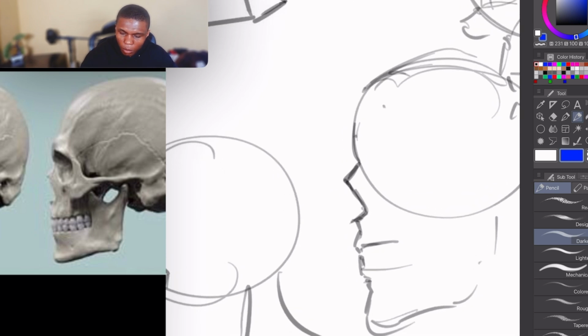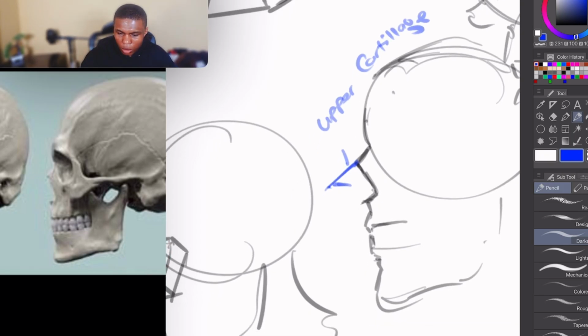Once we have our nasal bone, then we are going to have the bridge of the nose. So this is going to be the upper cartilage, or the lateral cartilage.